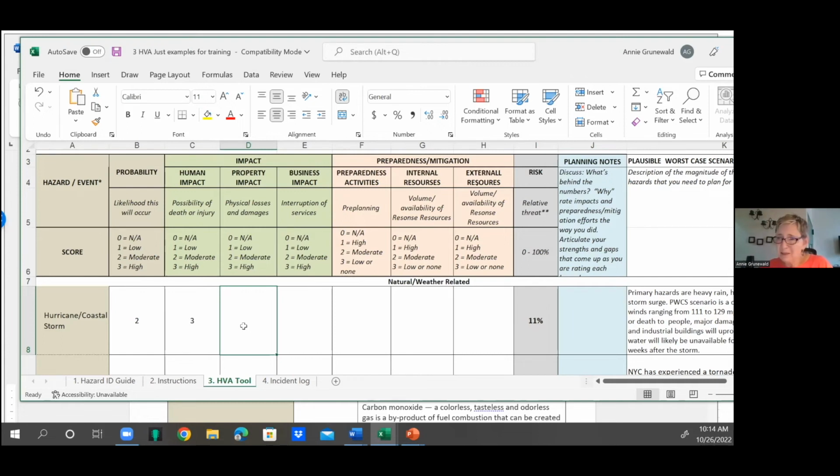So I would say this is a 2, but it also makes me think about, we had talked about assessing all of our other facilities, whether they're in inundation zones. Even all of our schools that we work in, we'd really like to get a sense of whether they are in inundation zones at all. So I'm going to put that on our to-do list, we're going to look into that.